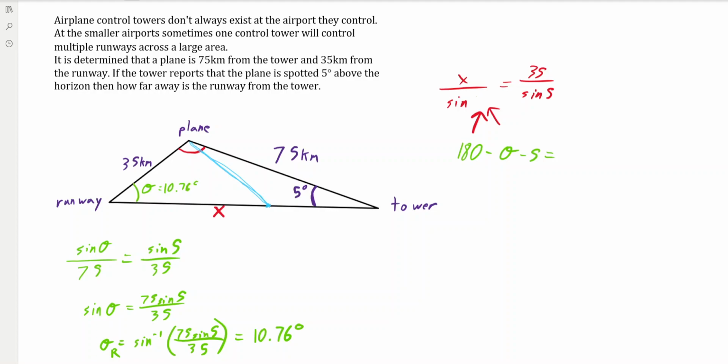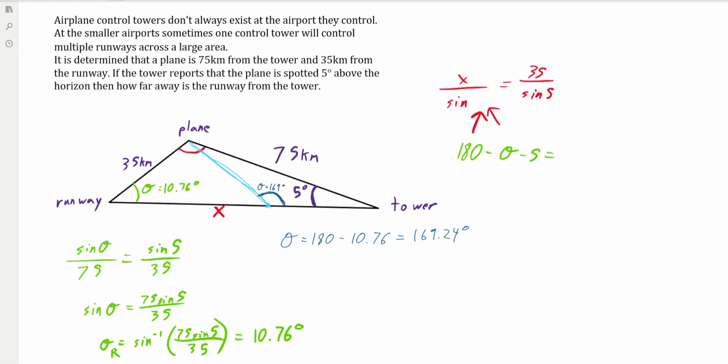But due to CAST rule, it could also be that we're looking for this angle, or because of the ambiguous case, this is the angle we're looking for, which is obtuse, which is 180 minus 10.76, which is 169.24 degrees. So you can see that there are wildly different options. 169 degrees, I'll just leave it there.